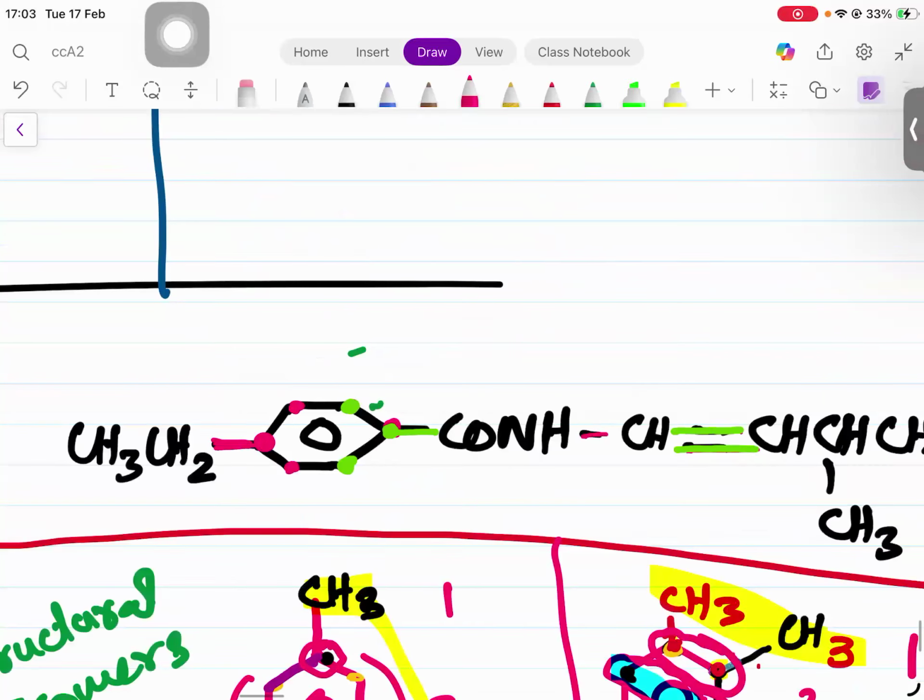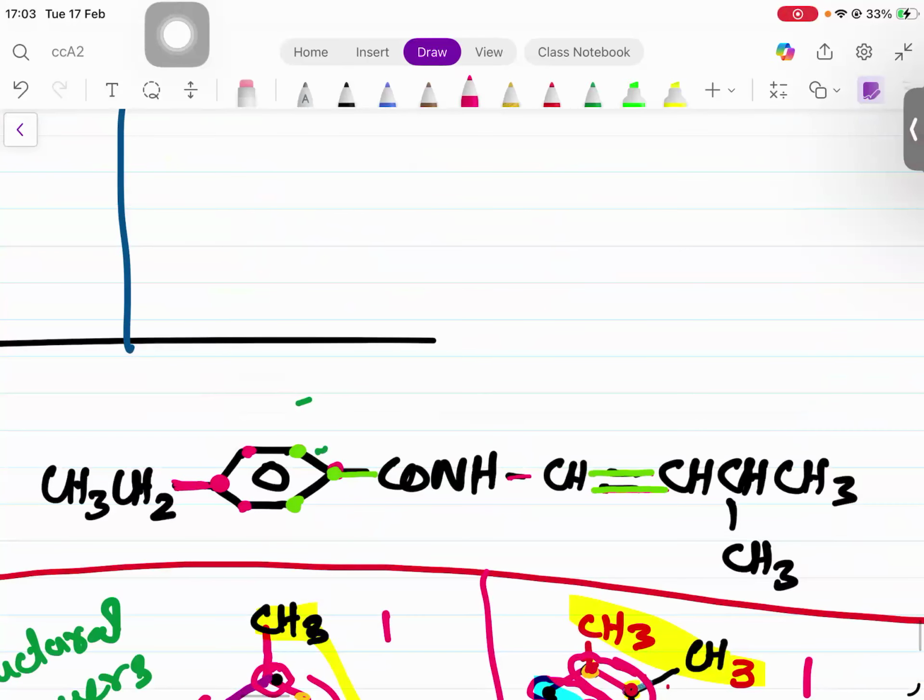What about this? Can you please draw this and tell me the peaks in this compound? Everyone draw it at your place; I will ask whoever I choose and they will answer. Yes, they do.